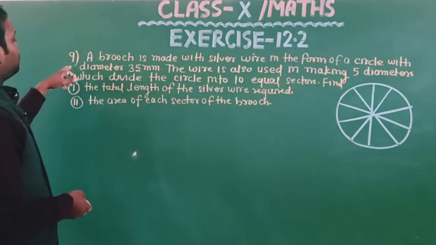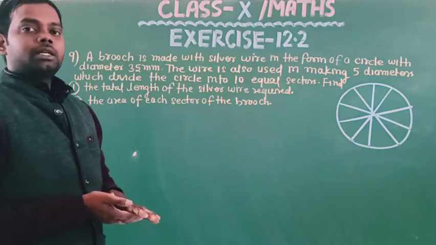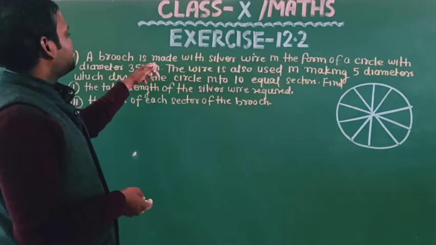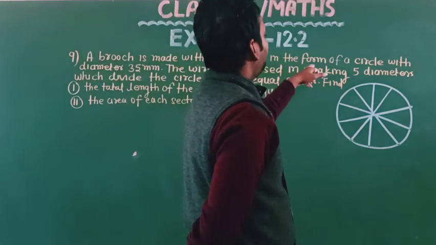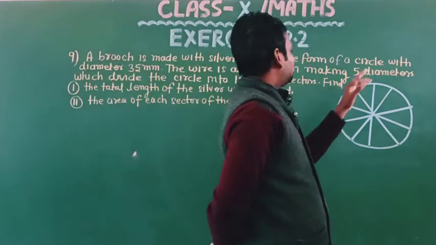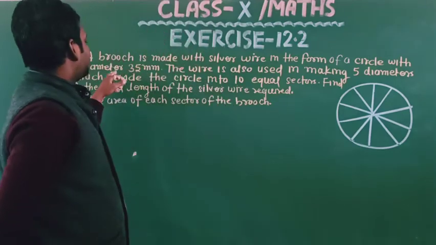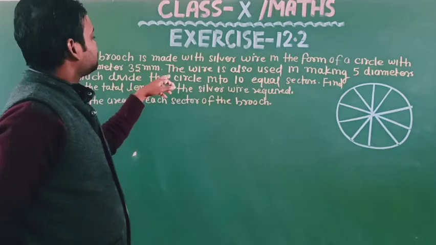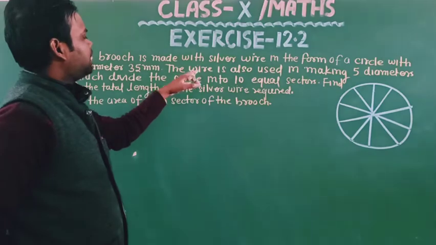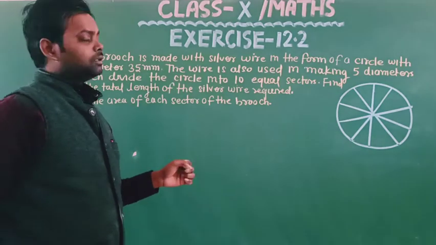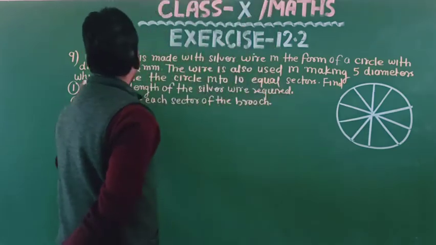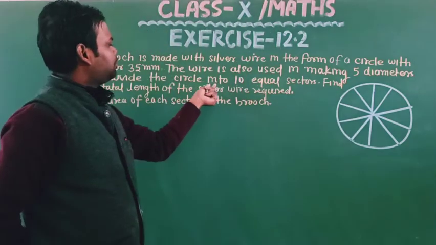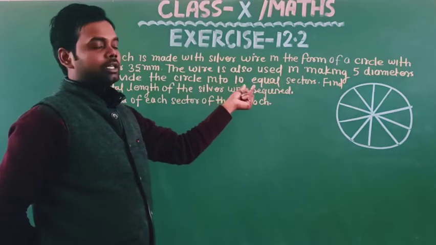In this question it has been said that a brooch is made with silver wire in the form of a circle with diameter 35 mm. The wire is also used in making 5 diameters which divide the circle into 10 equal sectors.